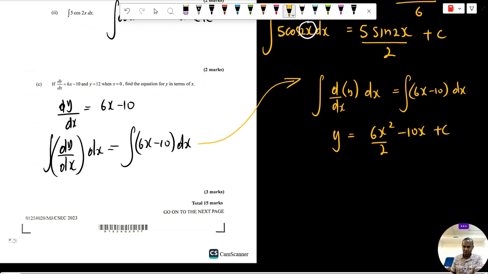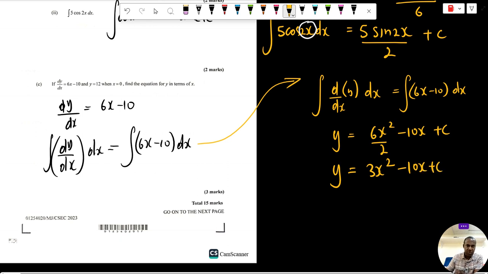Now we must remember that whenever we execute an indefinite integral, we must introduce our integration constant, right? And in many cases, we'll be given sufficient information to find the value of that constant, right? So let's continue. We say that y is equal to 3x² minus 10x plus c.